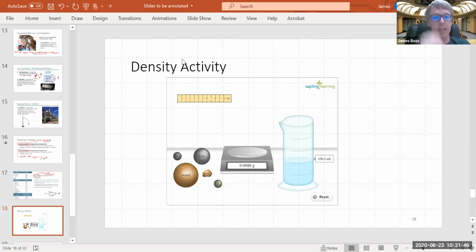So this is an activity, and I'm going to just quickly encourage you to try it. To do it, I've actually got to click on it. It's supposed to be an active link, if I saved it correctly.